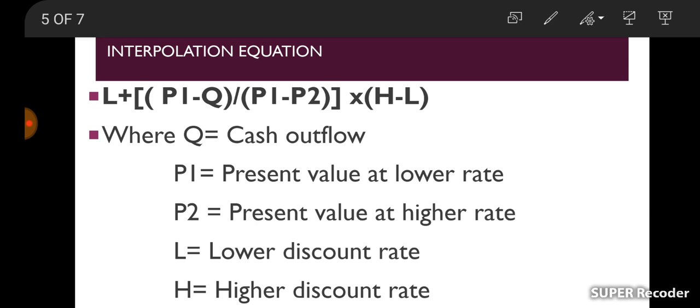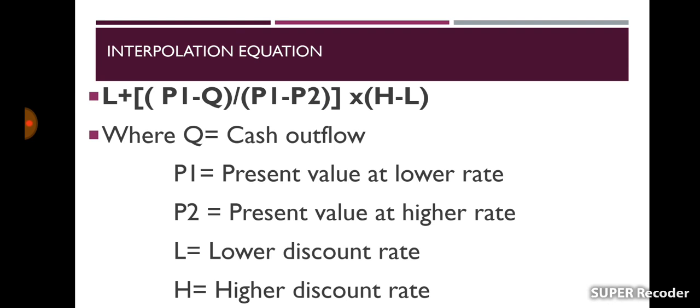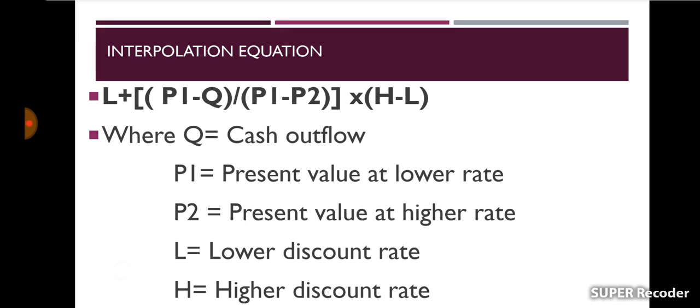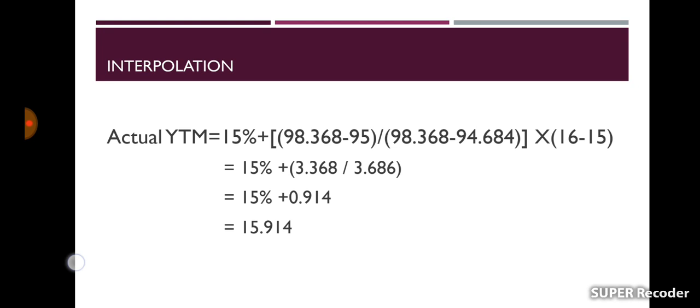Then we add the result of the whole calculation to L, the lower discount rate, and we will get the actual YTM.